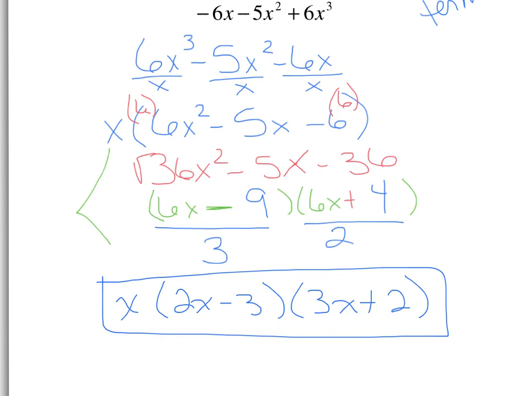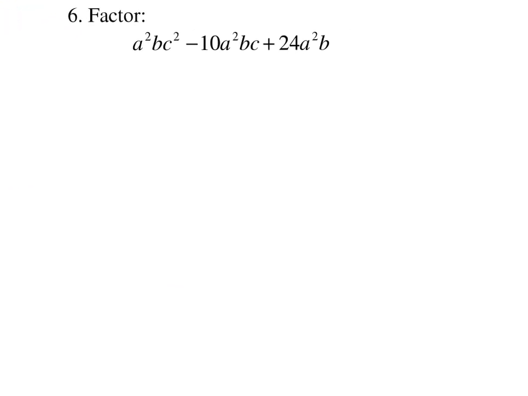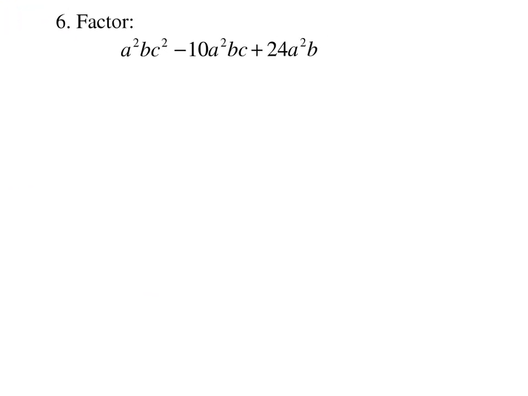All right, one more. The first step, always look for GCF first. I'm looking across here to see what's common. It looks like there's an a squared common and a b, and that looks like about it.